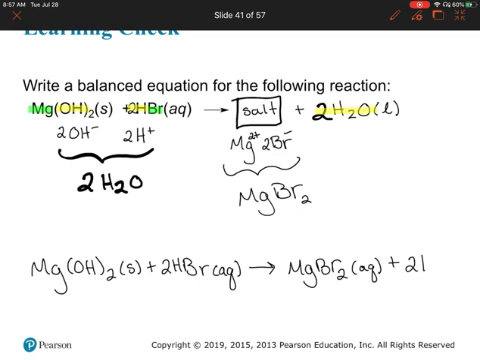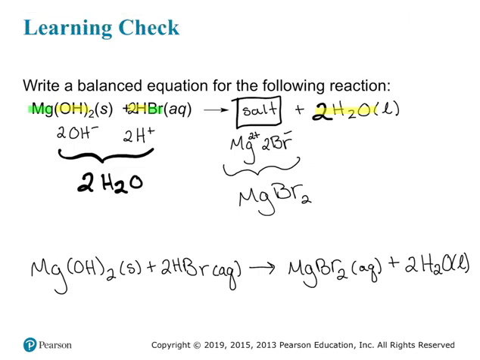And then we have 2 water molecules, which are a liquid. Okay. So again, you don't have to do it that way. You could balance this a different way if you have a different method that you use.